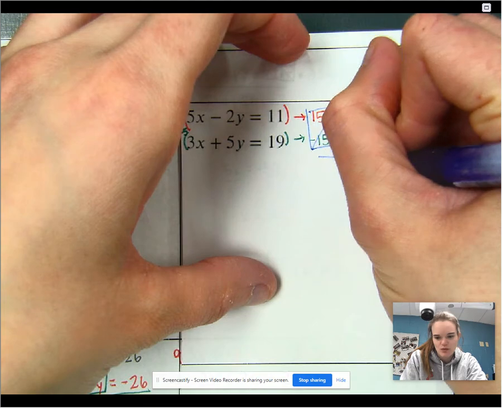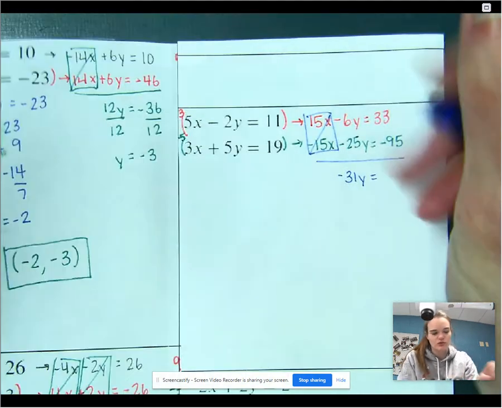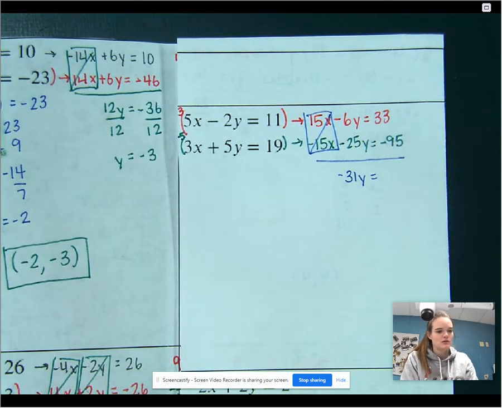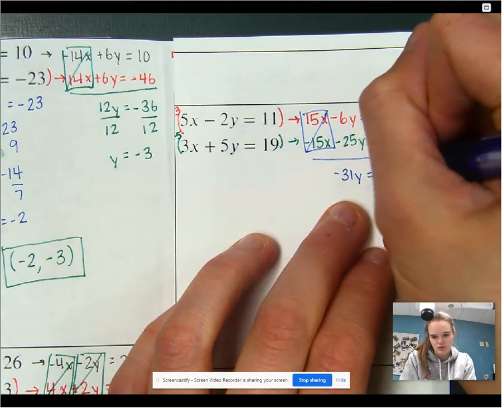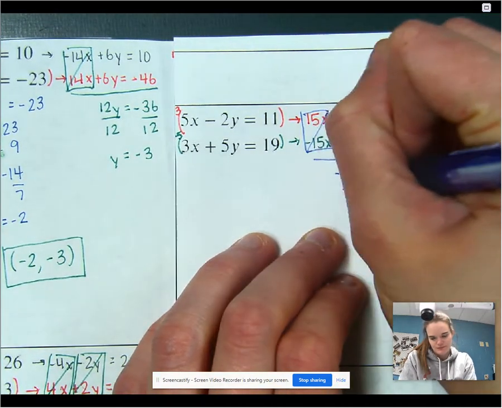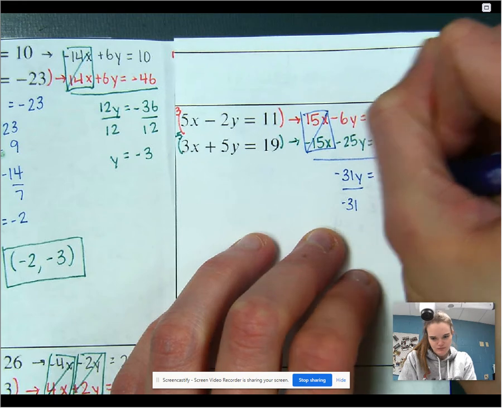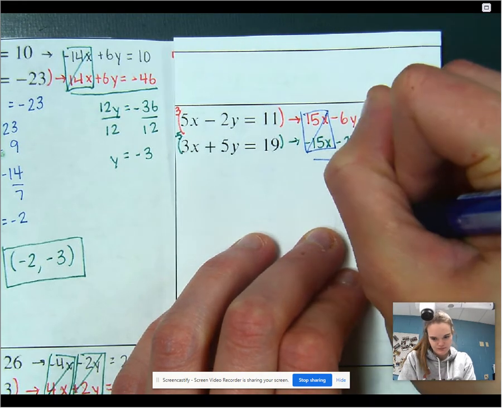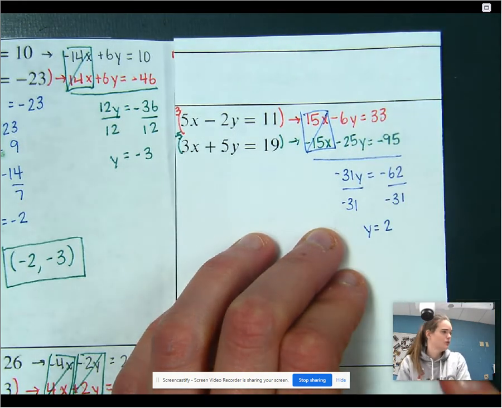Negative 31y equals negative 62. Y equals 2.